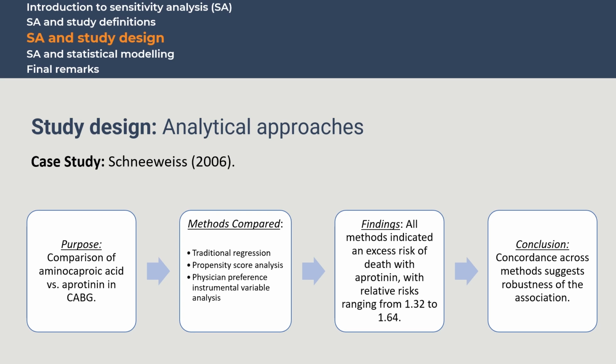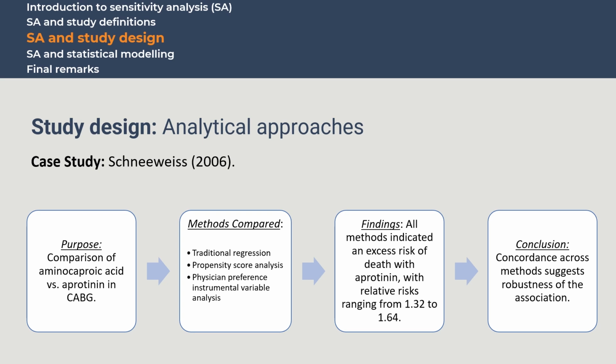The researchers used three different analytical methods: traditional regression, propensity score analysis, and physician preference instrumental variable analysis. All three methods consistently showed an increased risk of death associated with aprotinin, with relative risk ranging from 1.32 to 1.64. This consistency across diverse methodologies strengthens our confidence in the robustness of these findings.